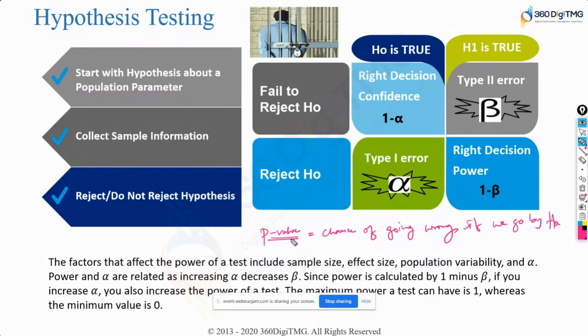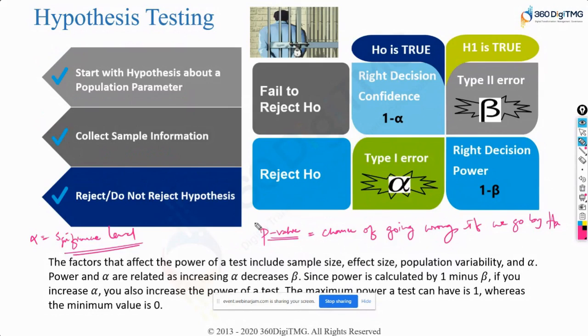Now, if this p-value is greater than alpha, where alpha is the significance level, which basically says this is the standard, or the maximum chance that we have to go wrong, which is industrially accepted.